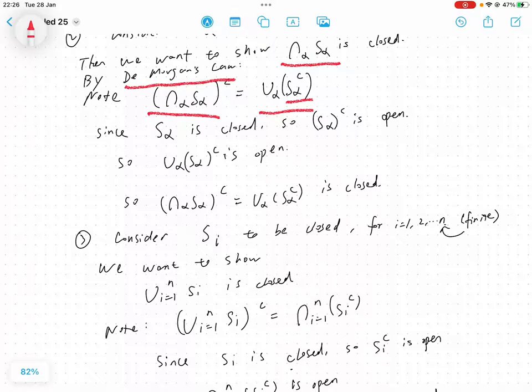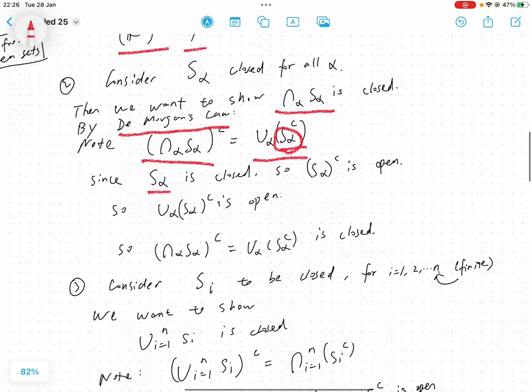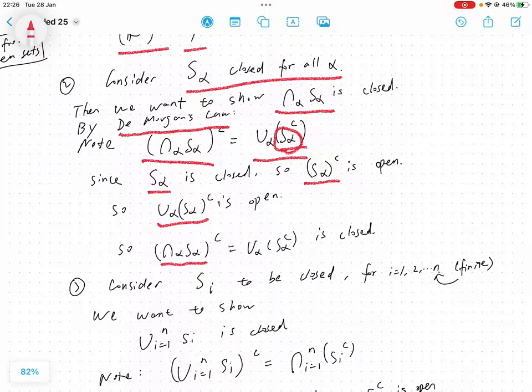That's just strictly following De Morgan's law. And then we know that each S_alpha is closed, so the complement is open, and then the union is open, and of course the complement of that will be closed. Okay, so that's the second.